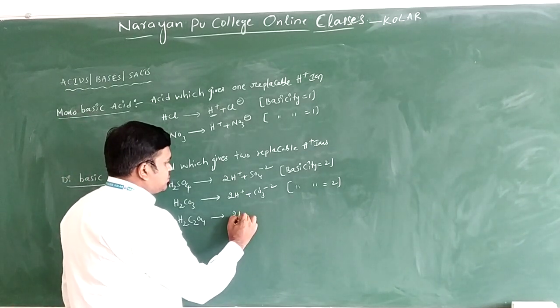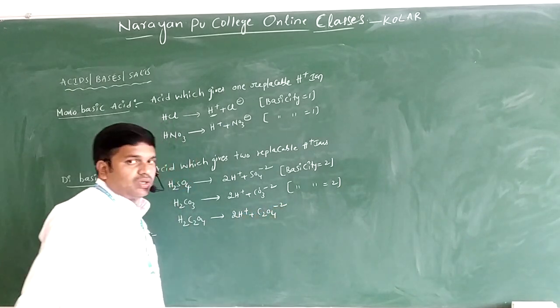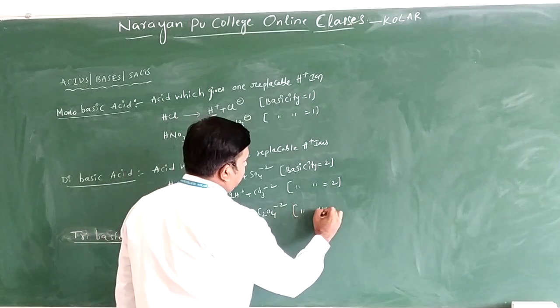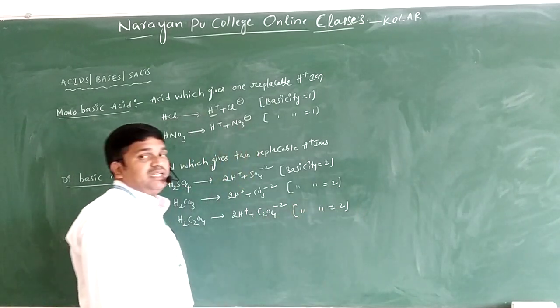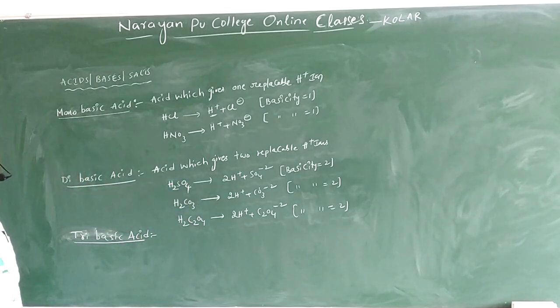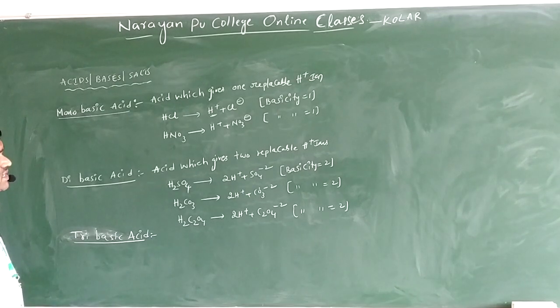It dissociates to give 2H plus and C2O4 2 minus. So here also we have 2 replaceable H plus ions. So these three come under dibasic acids.